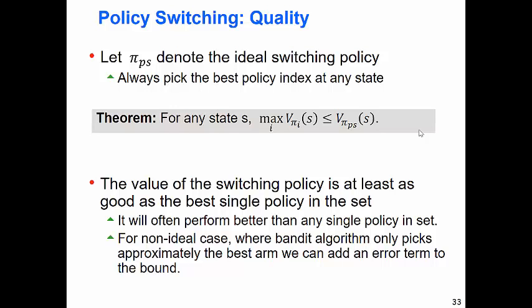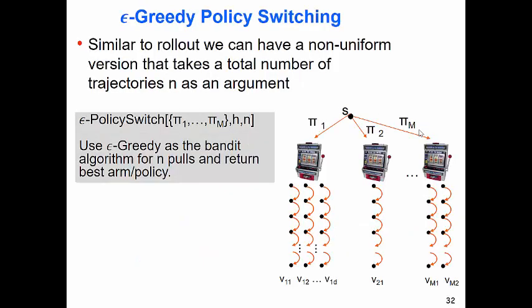We'd have to get into that, but you'd have to simulate all the possible switches as well. This algorithm doesn't even consider switching. When it's doing its simulation, it never considers switching within one of these rollouts. So if you look here, in these simulations you're just following a single policy in each of these.